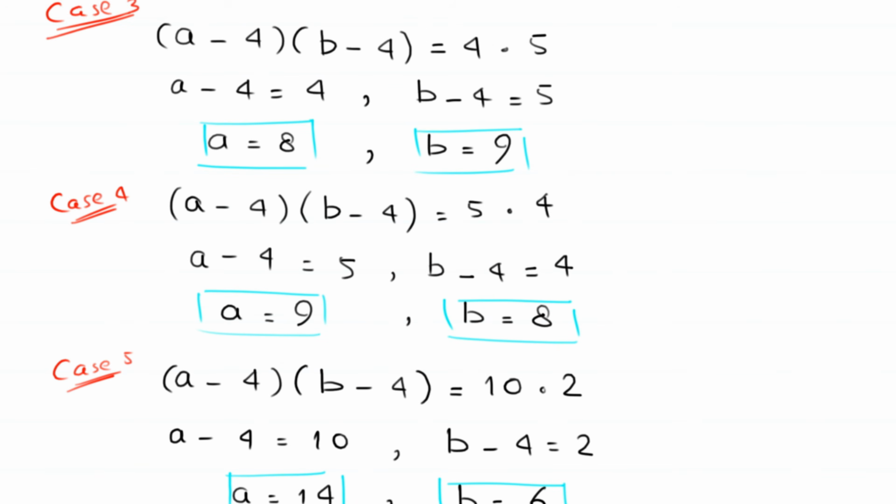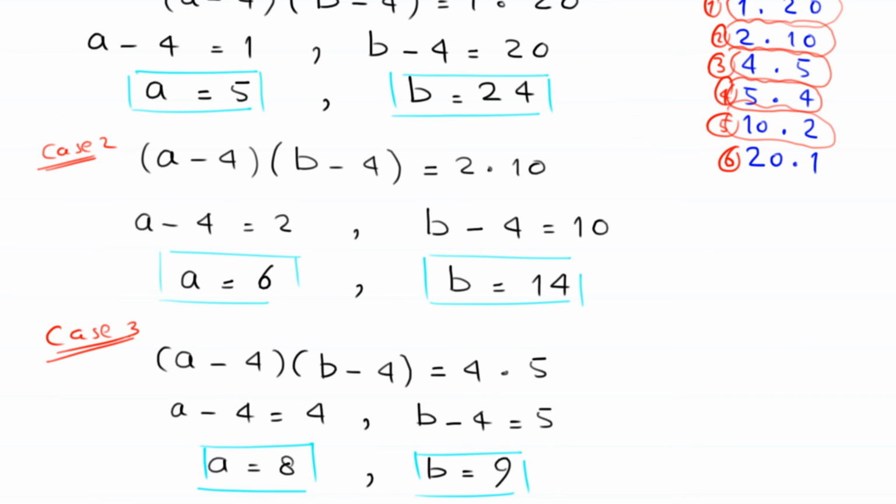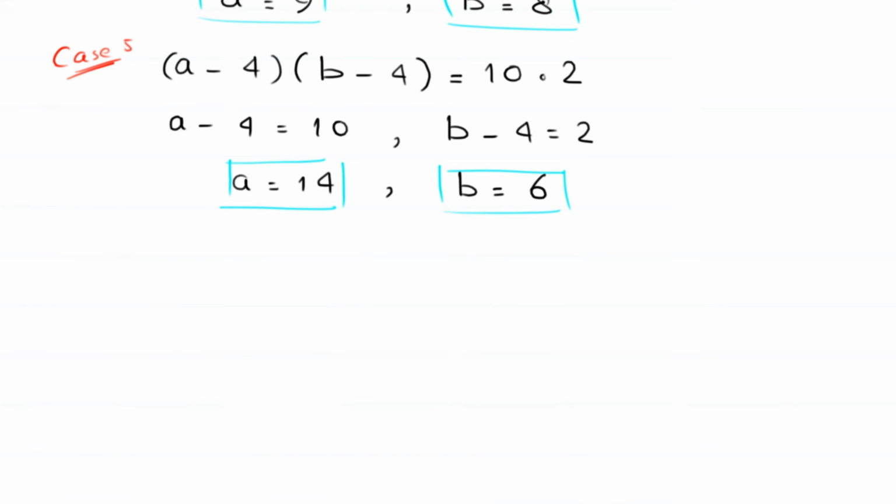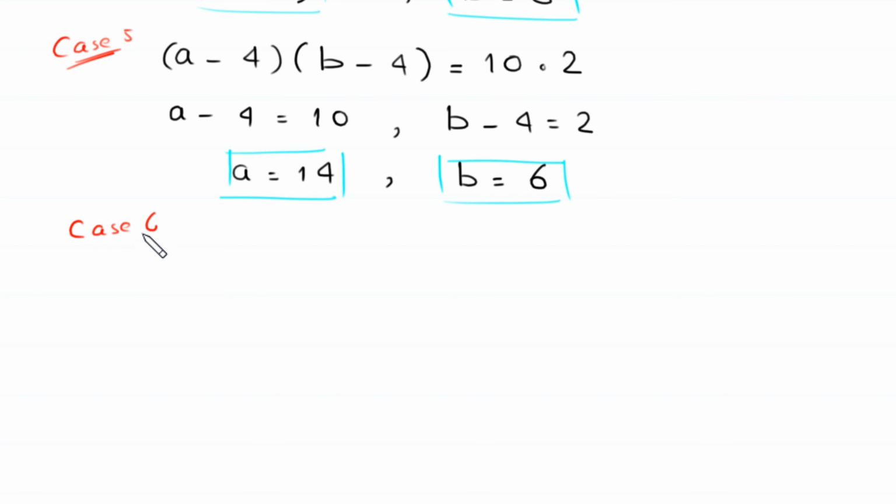Now we solve the last case, case number 6, 20 times 1. In case number 6, we write these factors a minus 4 times b minus 4 equal to 20 times 1.